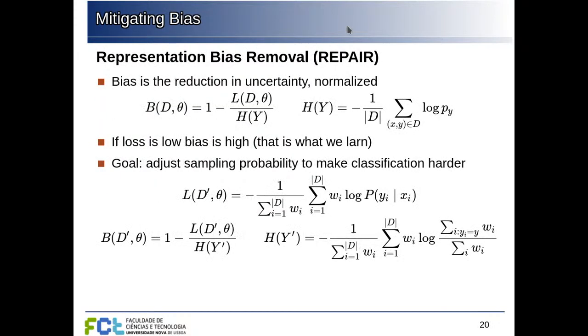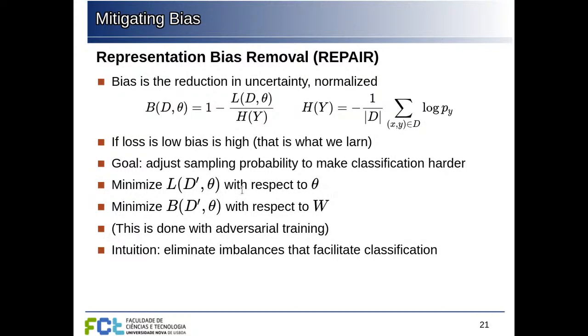But now comes the trick here, which is to adjust the parameters of this linear classifier that is using the representation the deep neural network generated, in order to minimize the loss function with respect to the parameters. So we are going to learn to classify as well as possible the examples using the representation the deep neural network created. But then we're also going to minimize the bias here, which means that this will have to increase in order for the bias to decrease.